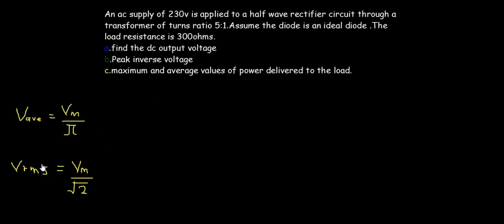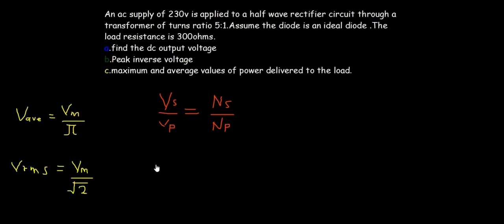We can use the formula: the voltage on the secondary side divided by the voltage on the primary side equals the number of turns on the secondary side over the number of turns on the primary side.